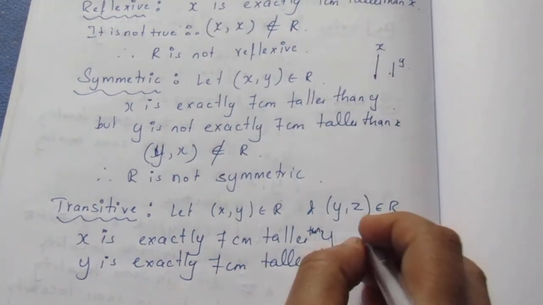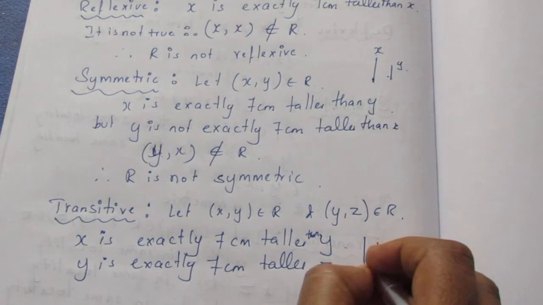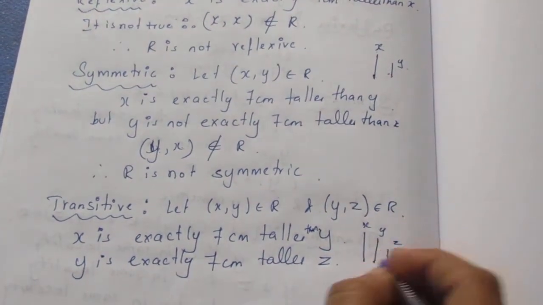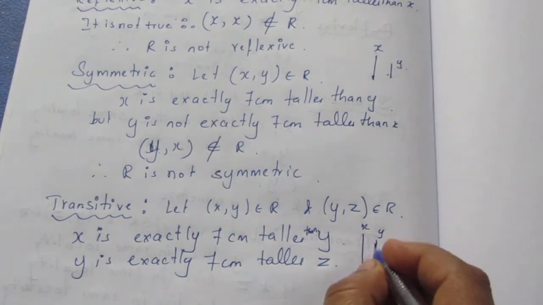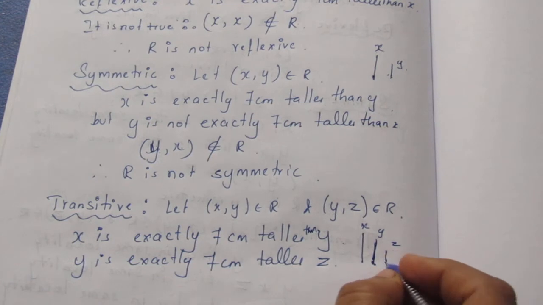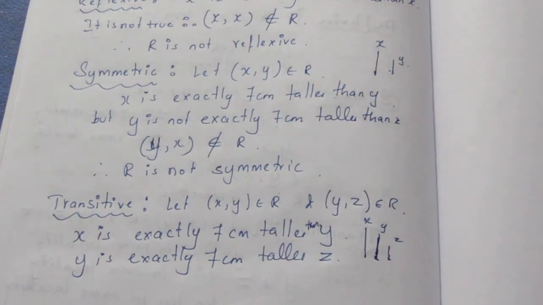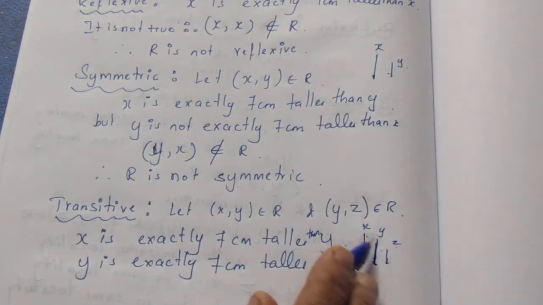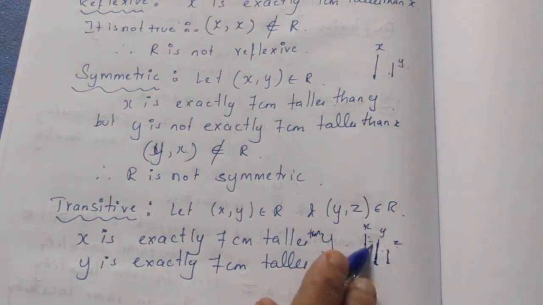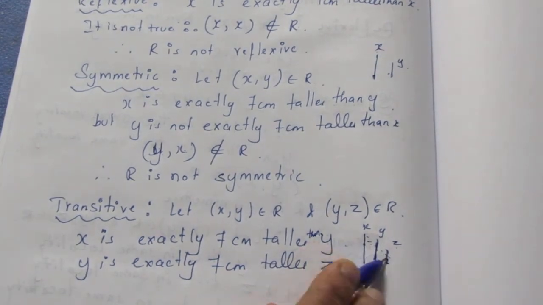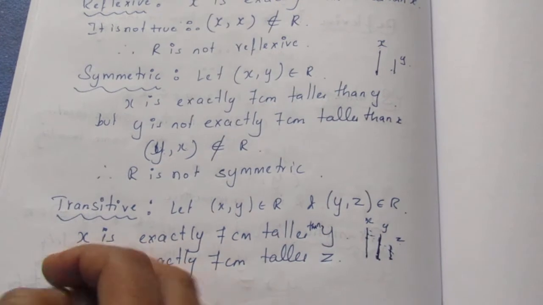That means x is taller than y, and comparing y and z, y is exactly 7 cm taller than z. Now from this we know that x is taller than z, but by 14 cm, because here the difference is 7, here the difference is 7, totally the difference will be 14.